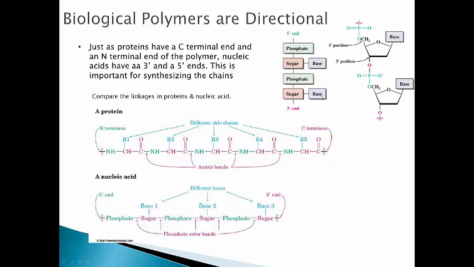Okay, so this is just with boxes, and this is with the actual structures. So our 5 position and our 3 position. So with proteins, we have our N and our C terminal. So N is where you have your nitrogen exposed, and C is where you have your carbonyl exposed. Okay, and your 5' and your 3'.